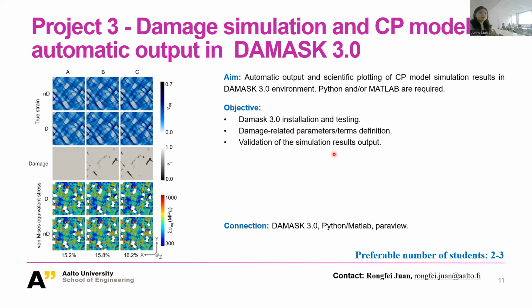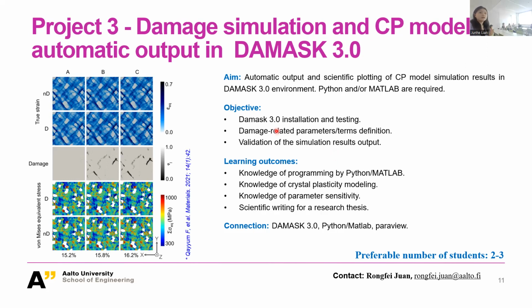It is damage simulation and the crystal plasticity model automatic output in Damask 3.0. It's a little bit different from the next project. It has the same start, but it's 2 directions to get the result.